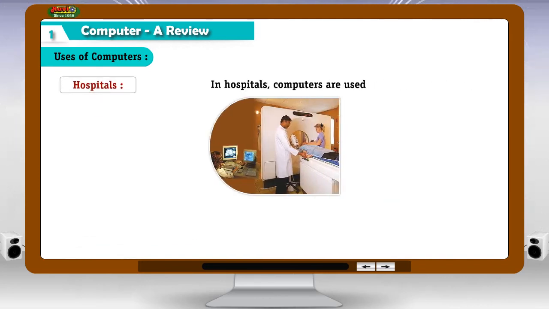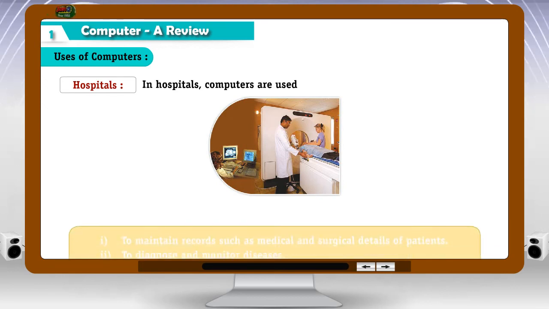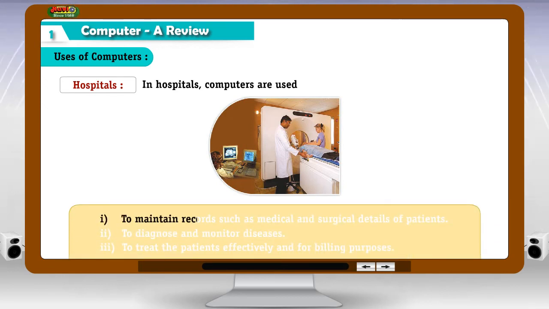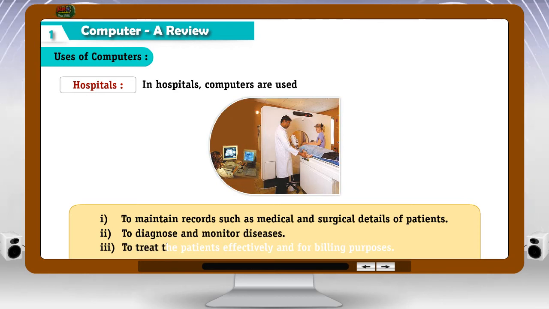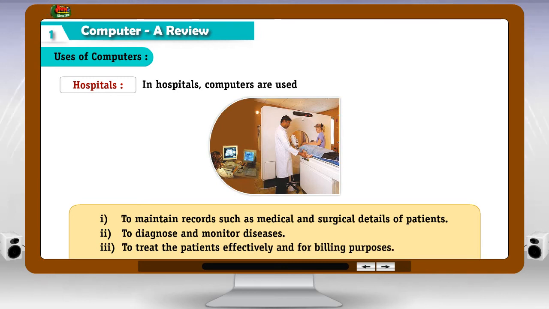Hospitals. In hospitals, computers are used 1. To maintain records such as medical and surgical details of patients. 2. To diagnose and monitor diseases. 3. To treat the patients effectively and for billing purposes.